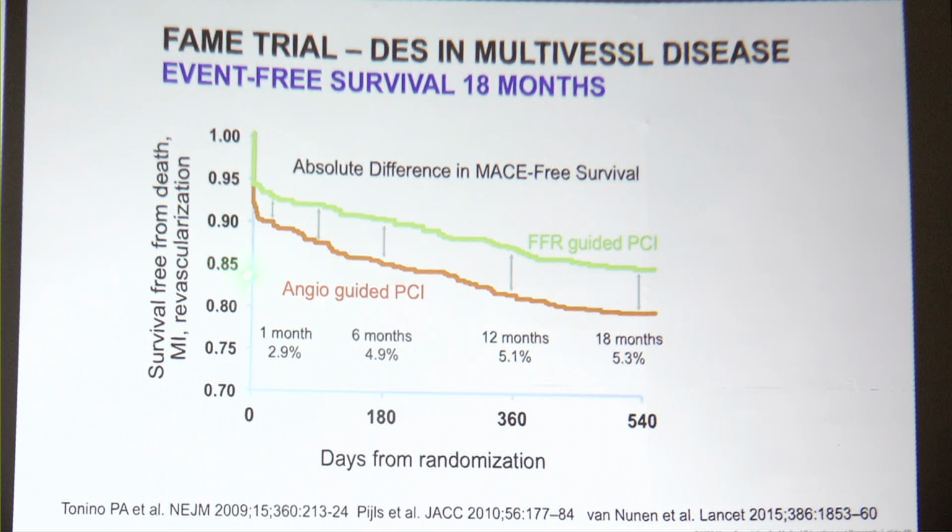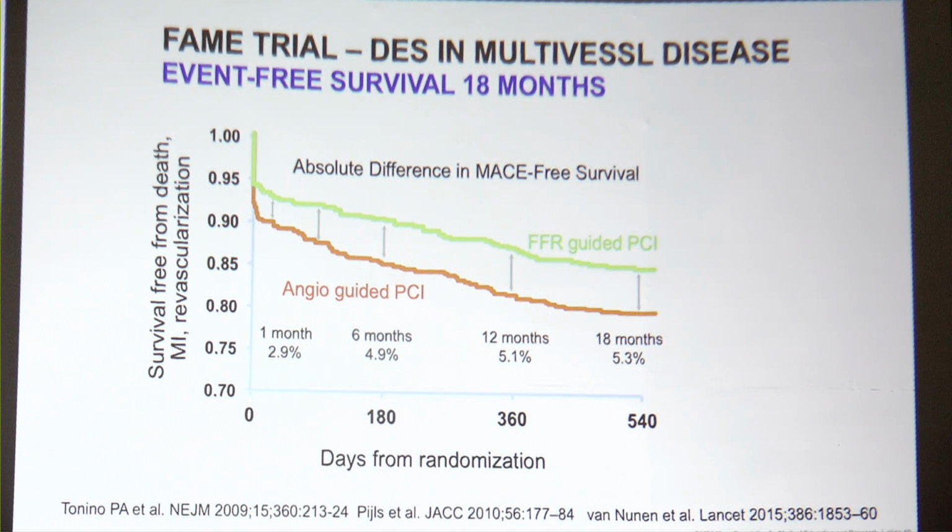You notice that the curves separated very early, which is interesting. So the value of FFR was early, not late, and that was related predominantly to peri-procedural events. After that, there didn't seem to be any significant improvement.